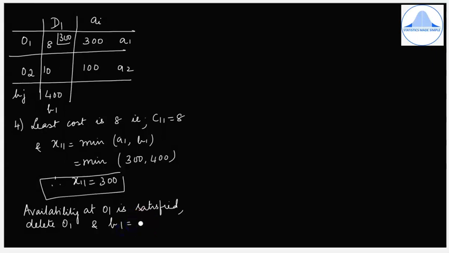So B1 is equal to B1 minus X11, which is equal to 400 minus 300, which is equal to 100. So first score off O1 and the requirement B1 changes, score out 400 and write 100.